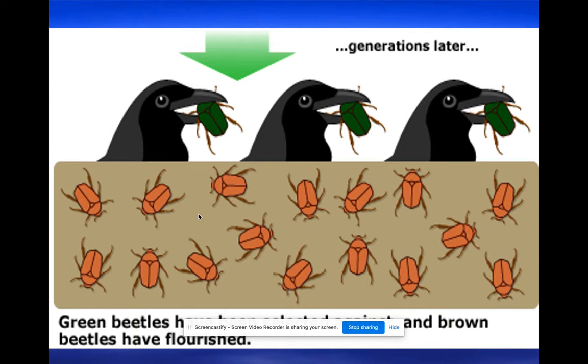Because orange was a trait that helped you survive. The blackbirds didn't want to eat the orange ones. Now, would they start eating the orange ones now? Who knows? But this is a simple example of how species can change over time. These beetles changed over time because of the survival advantage of their characteristics, in this case, color.